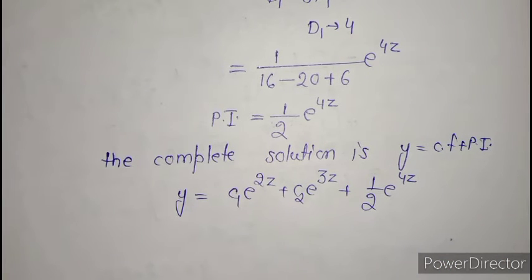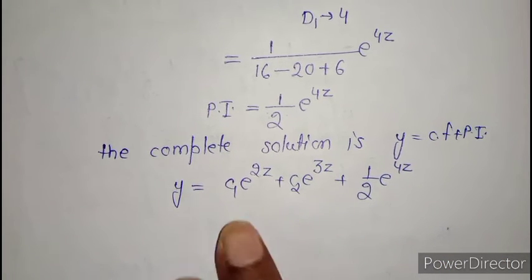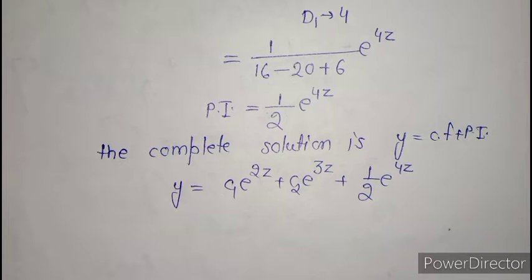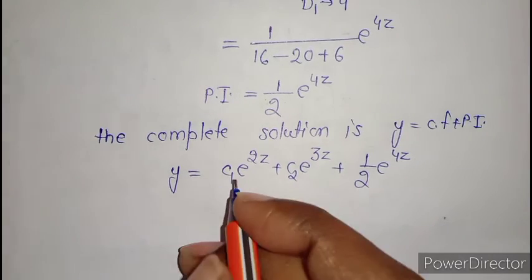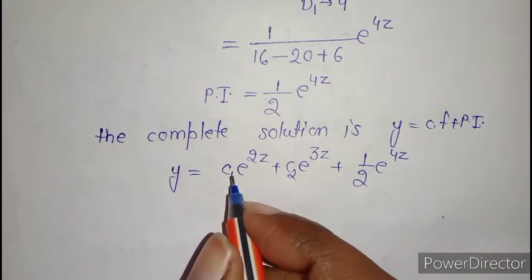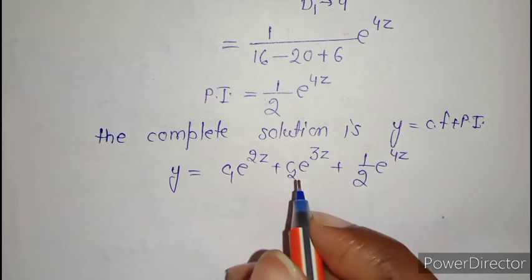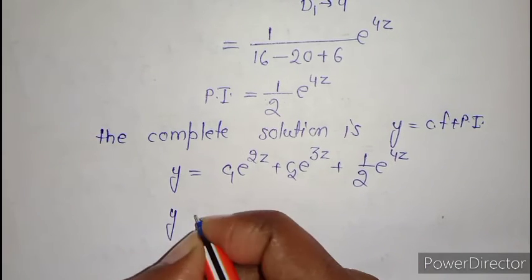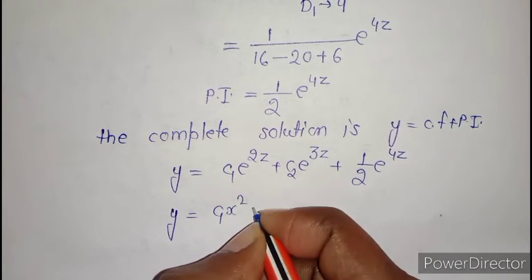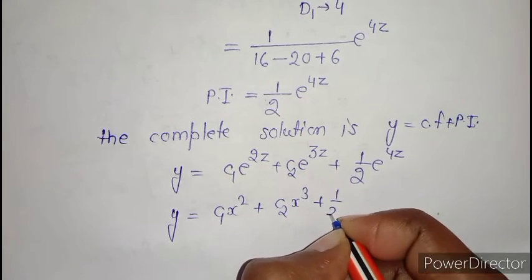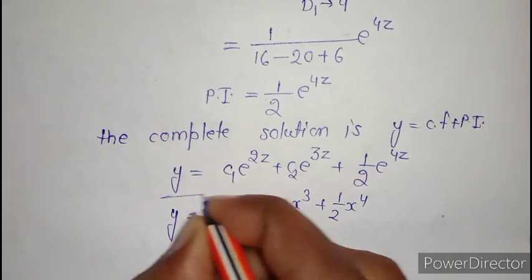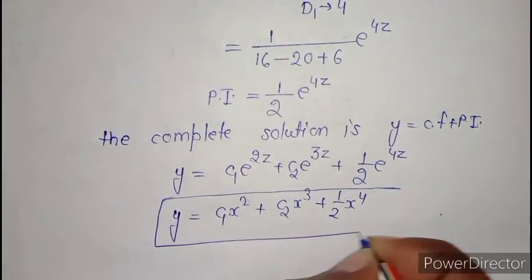This is our complete solution, but this is in the new independent variable that we have introduced, that is z, and we have to remove this because our given differential equation was in the independent variable x. So if we remove it, we get C1 x square plus C2 x cube plus 1 by 2 x power 4. So this is the complete solution for our differential equation.